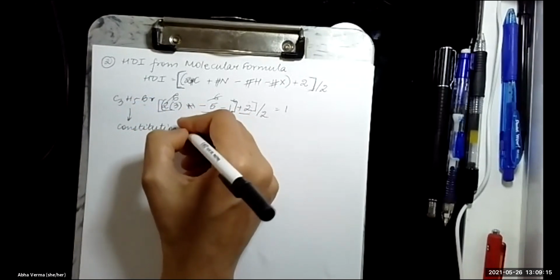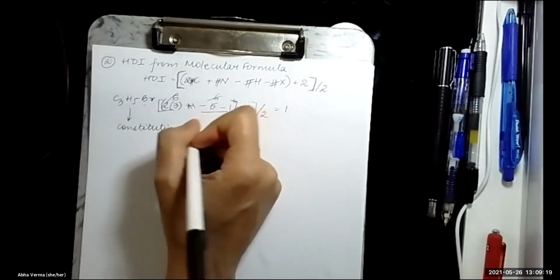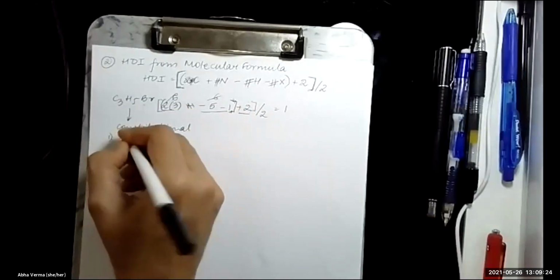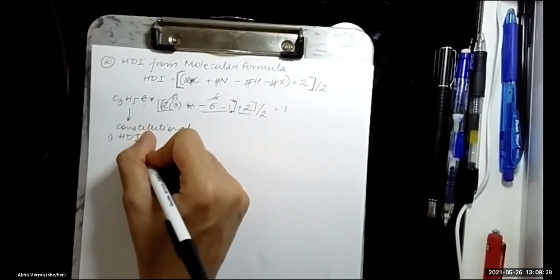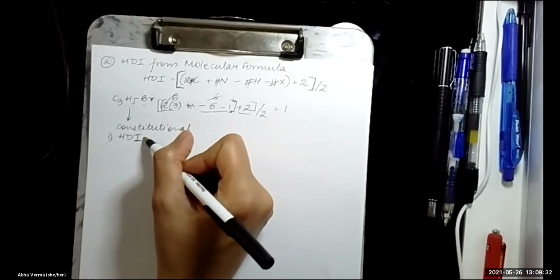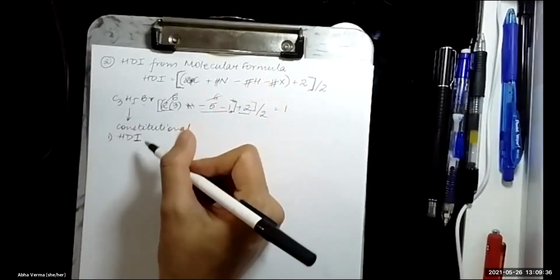And so you have to remember, whenever you are asked to draw constitutional isomers, you will always first calculate its HDI. What will HDI do for you? The HDI will help you figure out a reasonable framework of the structure.